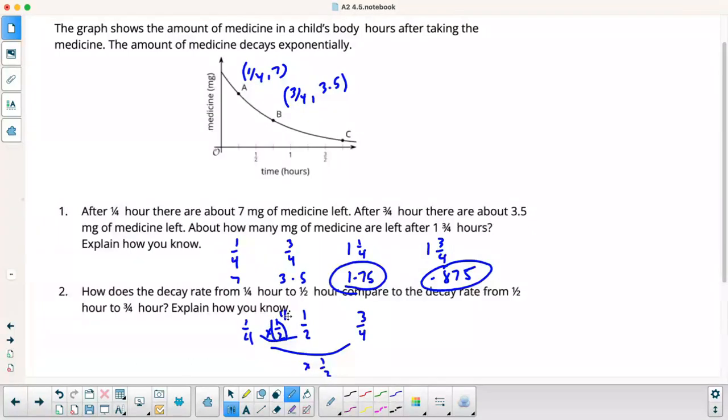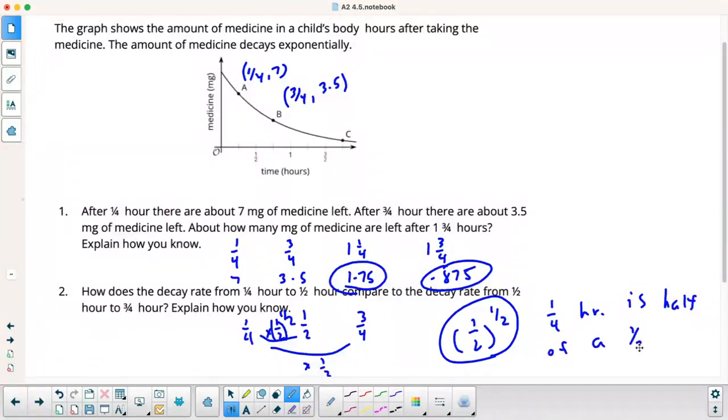So it'll be 1/2 to the 1/2. My answer is a quarter of an hour is half of a half hour interval.